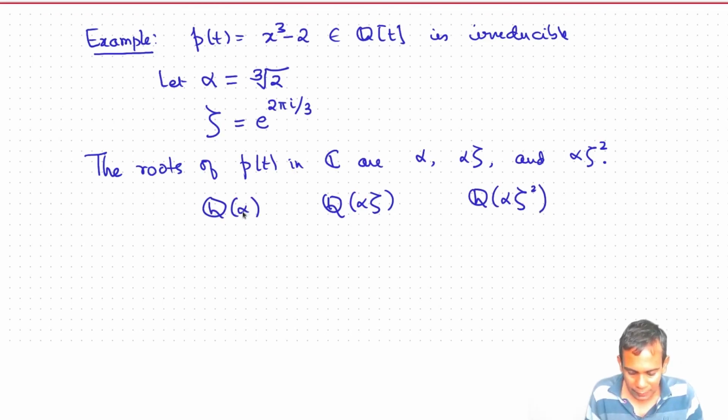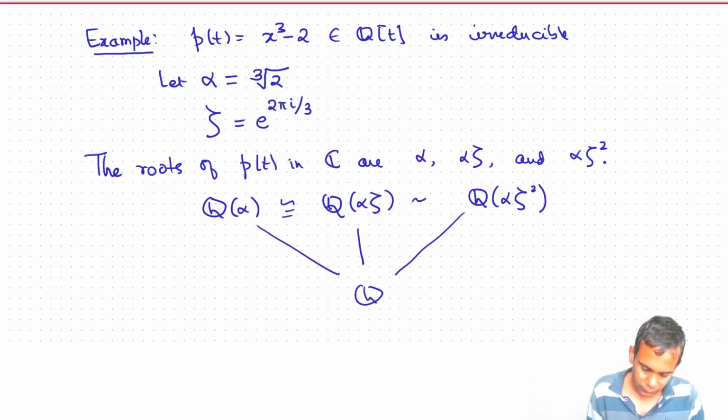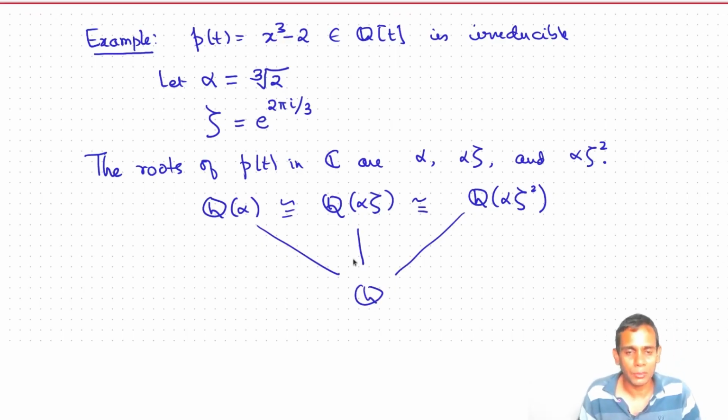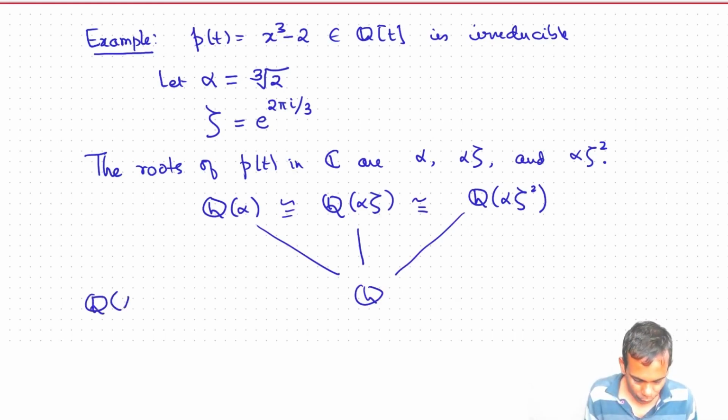And each of these elements, alpha, alpha zeta, and alpha zeta squared, they all have the same irreducible polynomial over Q, namely x cubed minus 2. x cubed minus 2 is the irreducible polynomial of all these three elements over Q, and therefore these three extensions are isomorphic over Q. But notice that Q(alpha) is a subfield of the real numbers, whereas Q(alpha zeta) is not a subfield of the real numbers, and Q(alpha zeta squared) also is not a subfield of the real numbers.